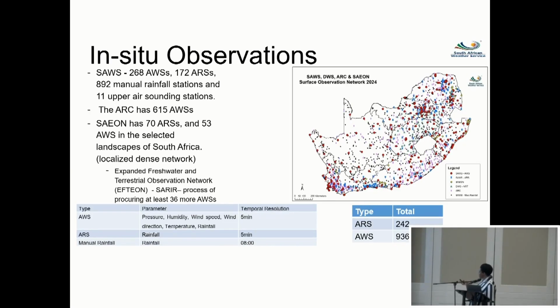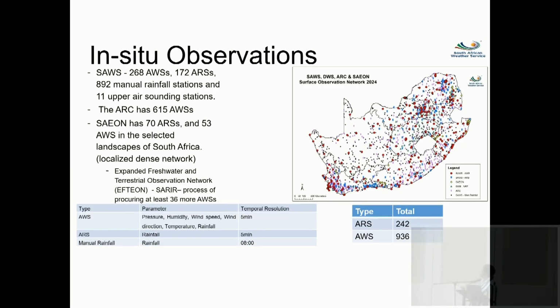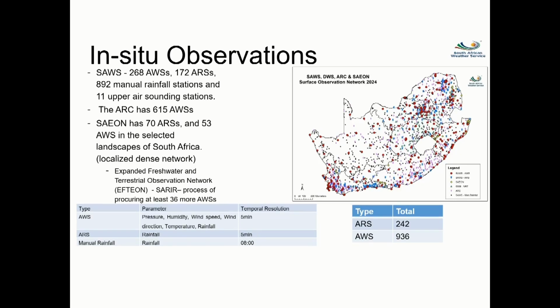This picture is not only the network of the South African Weather Service, but it also includes that of the ARC, the Agricultural Research Council. Collectively, as the three organizations, we have around 936 automatic weather stations.